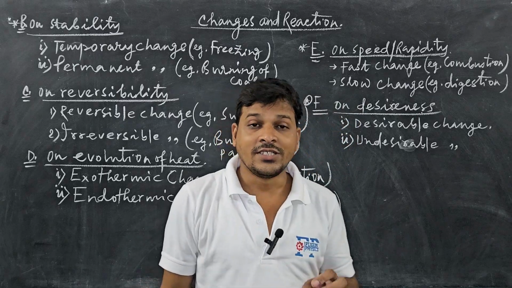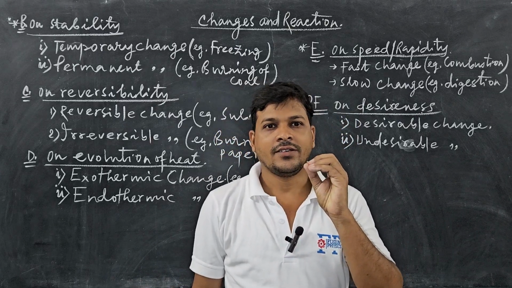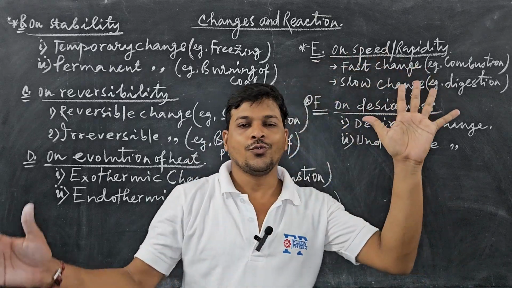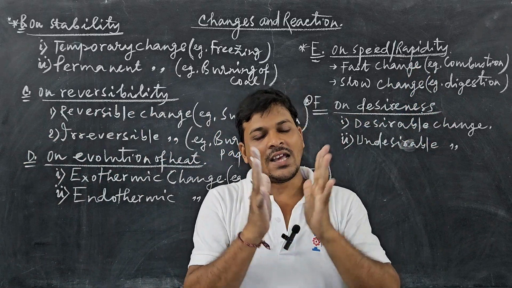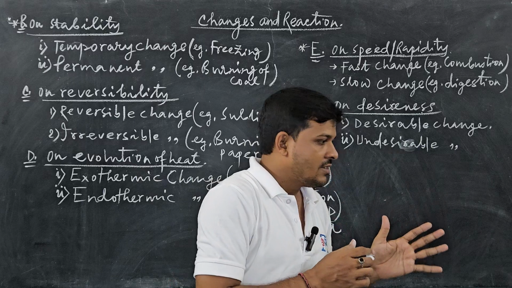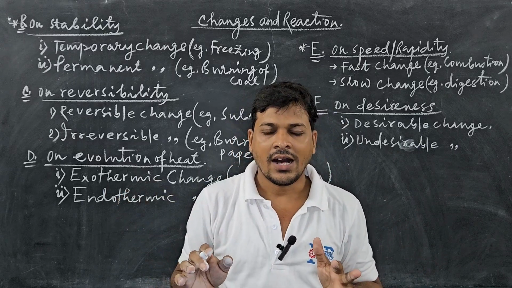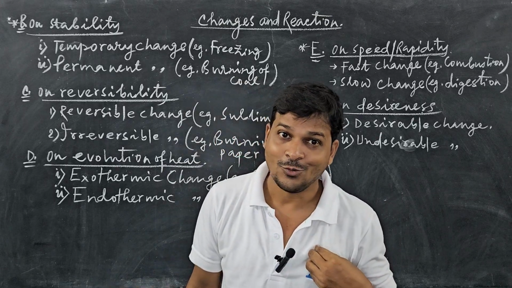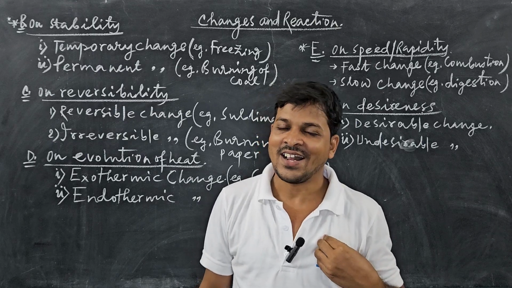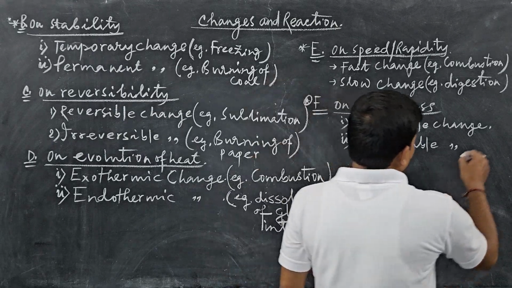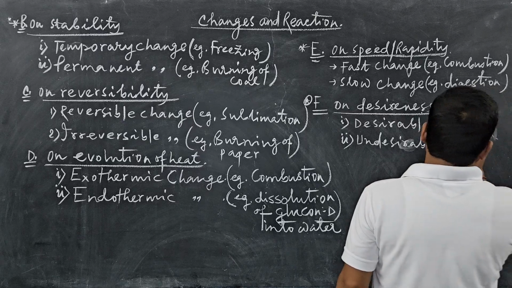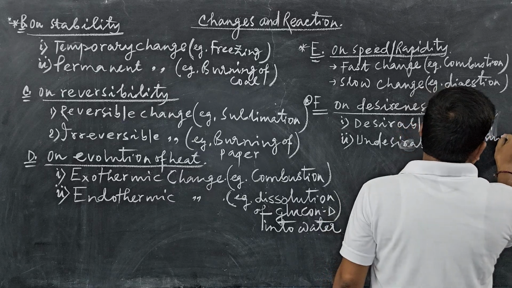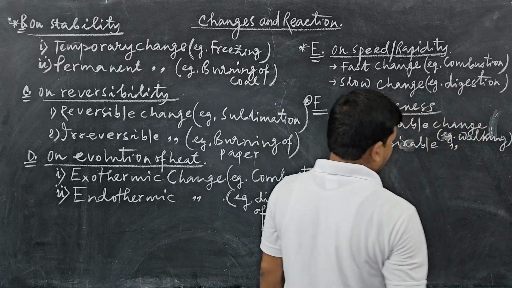One example of a desirable change is the blink of an eye. We can produce sound, we can clap, walk, ride or write, and these are desirable changes, depending on our will. One example is walking.